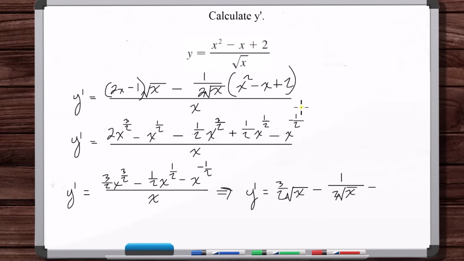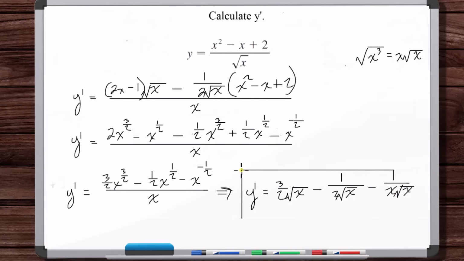So that's minus 1/2 minus 1 is x to the 3/2. X to the 3/2, that's the square root of x cubed, which is x root x. Okay, so this is 1 over x root x. There we go. That's the derivative.